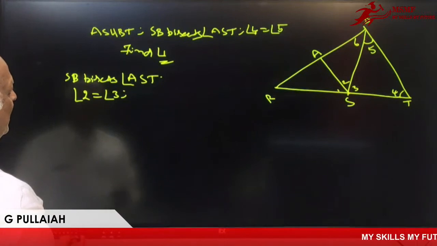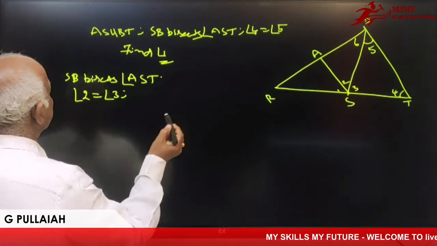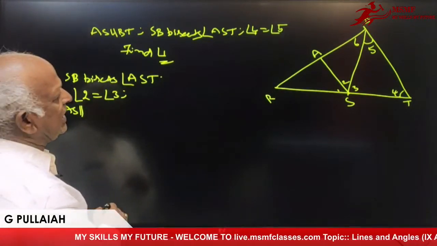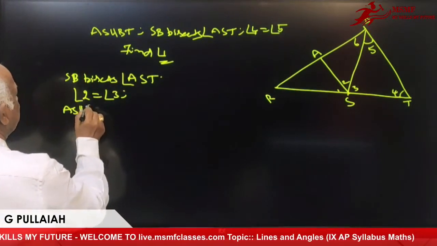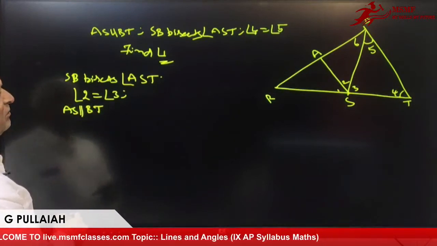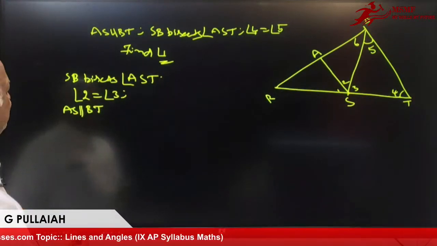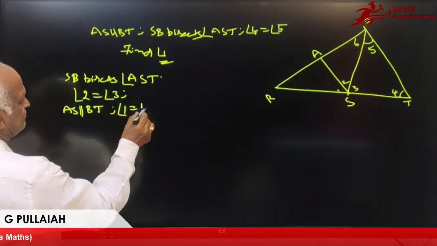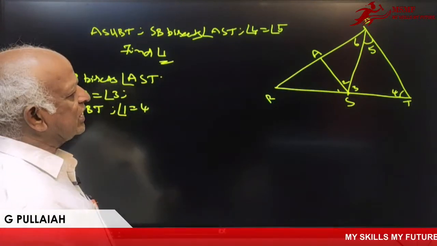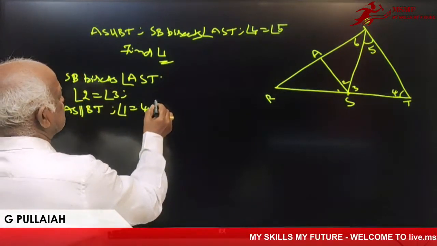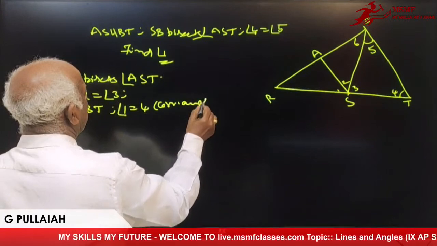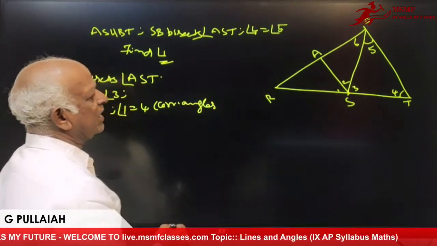Now here, it is given that AS is parallel to BT. Because AS is parallel to BT, we can say that angle 1 is equal to angle 4, since they are corresponding angles.